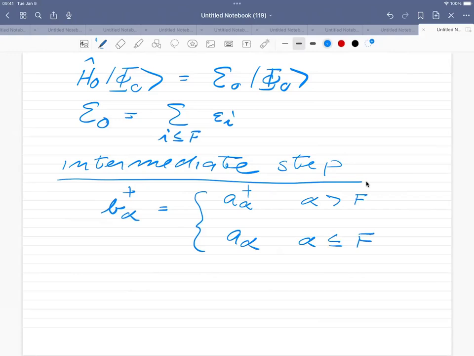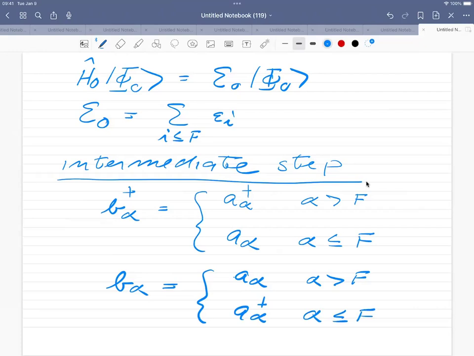So you can always perform a transformation where you redefine new operators in terms of previous ones; this is just a linear combination of the two. And then B alpha dagger is going to be equal to a creation operator if alpha is larger than the Fermi level, and an annihilation operator if alpha is smaller or equal to F.